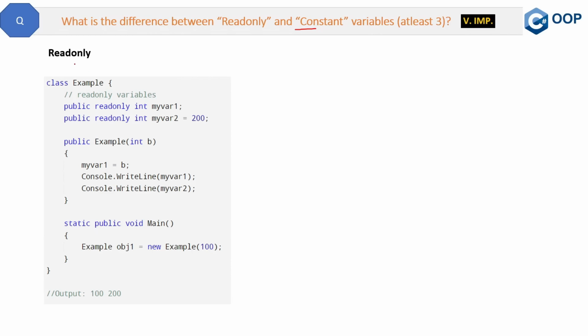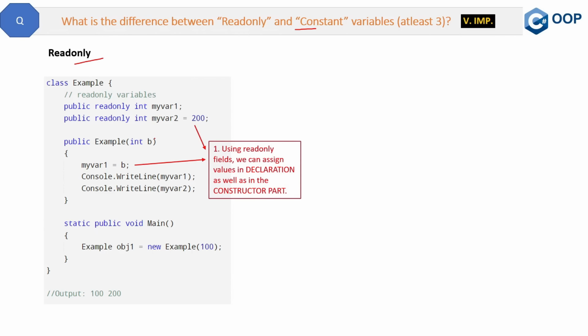Here is the read only keyword. The first difference is, by using the read only keyword, we can assign values in the declaration as well as in the constructor part. See, this example is the constructor, and my var1 is a read only type, and you are assigning it at the declaration as well as in the constructor part, both.